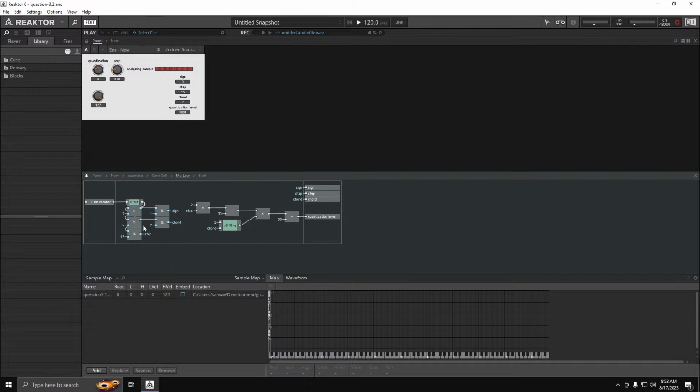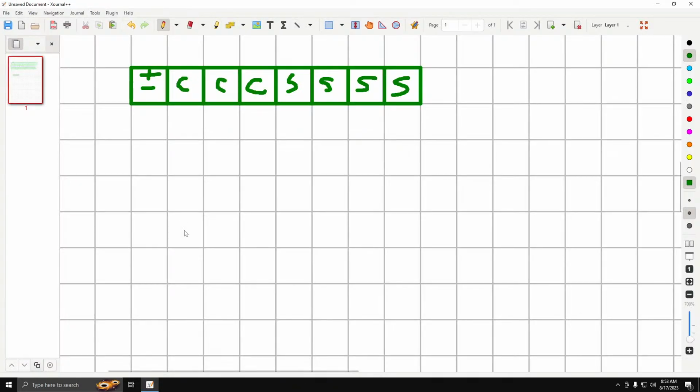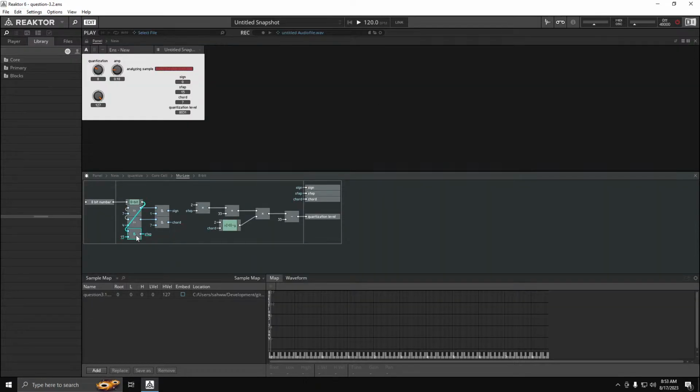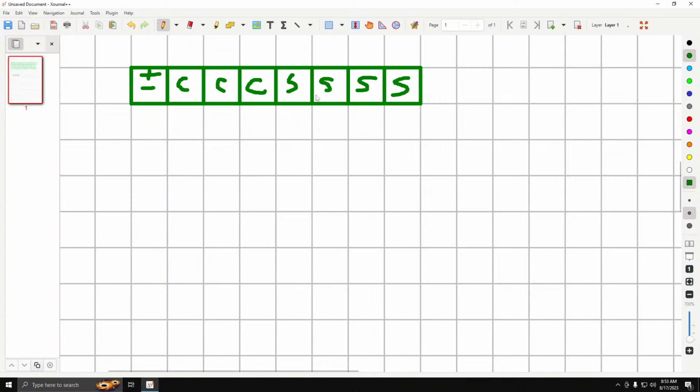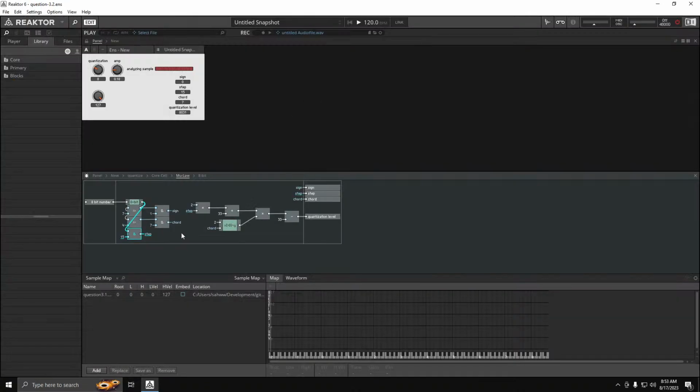So I bit shifted it to the right by 7, then I bit shifted it to the right by 4 and only included 3 bits here. Then I only have the last 4 bits. I ANDed the last 4 bits to get sign, chord, and step.